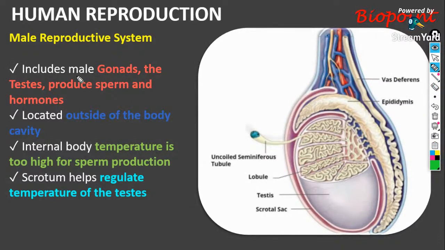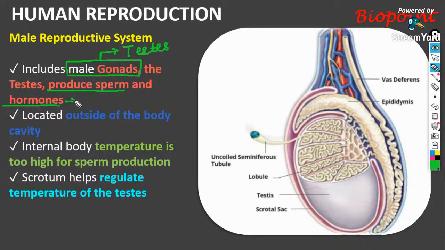Male reproductive system includes the male gonads. Which is the male gonad? Male gonad is testis. Yes, Shraddha, good evening. Testis. It produces sperms and the hormone.